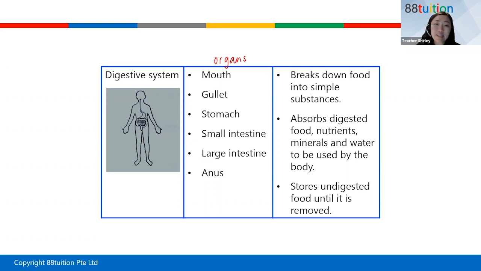So then the functions. What are some of the functions of the digestive system? This is a very important phrase: to break down food into simpler substances. Some students will say it's into smaller pieces. Actually, it's not smaller pieces. If you write smaller pieces, you probably will get it wrong.